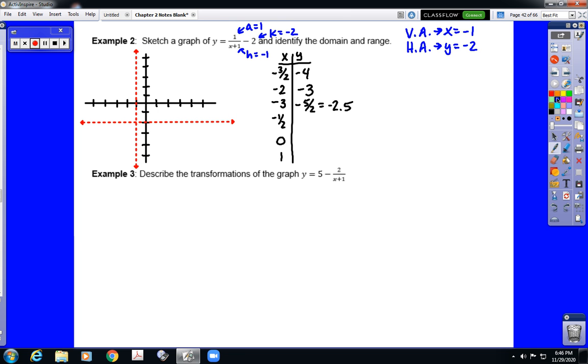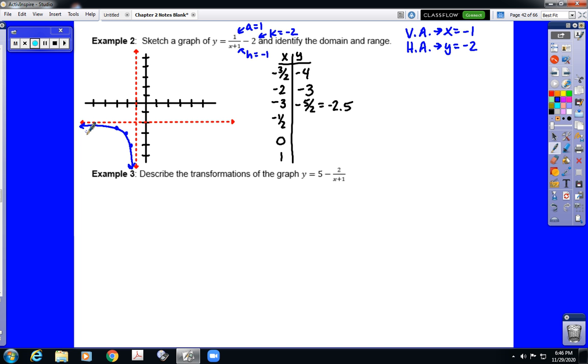We have negative 3 halves, negative 4, negative 2, negative 3, and negative 3, negative 2.5. So again, we can see the shape coming in along the asymptote and exiting along the asymptote.